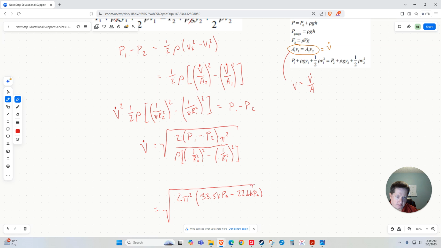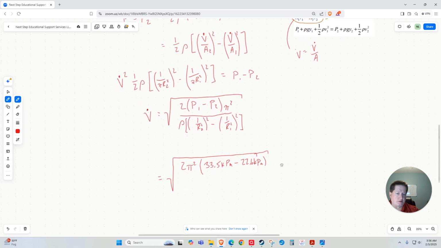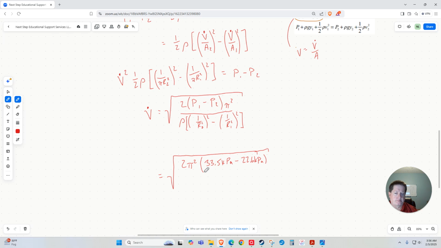With that k in there, that's 1,000, and the pascal by itself is the SI unit. So very likely we'll need to enter this in our calculator as 33,500. And that's all divided by our density, which again, you can look up, or look in the table in the front of the chapter. 1,000 kilograms per cubic meter for water.